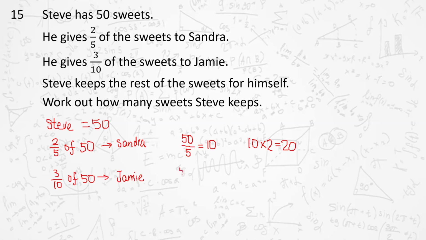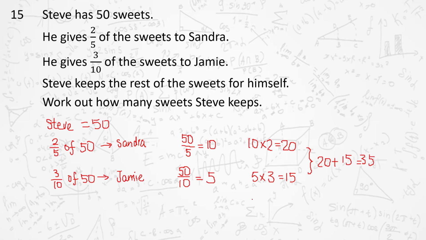So again, divide 50 into 10 parts. Each part is 5, and 3/10 is 5 times 3, which gives us 15 sweets. Steve keeps the rest of the sweets for himself. Okay, so in total, he gives 20 plus 15, 35 sweets.